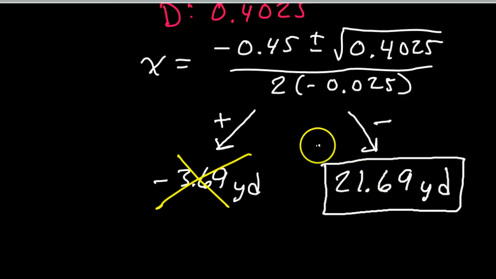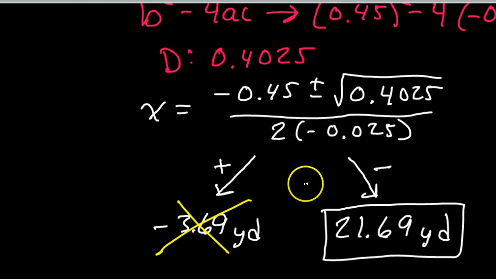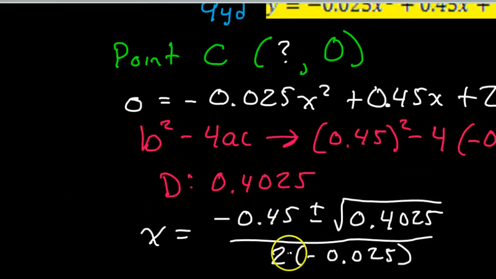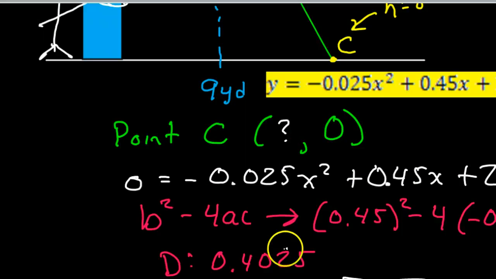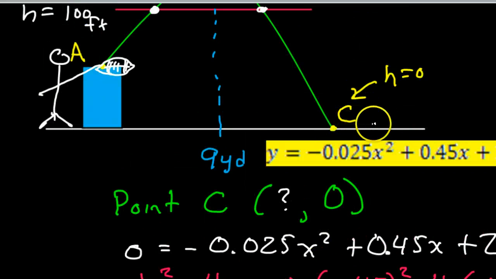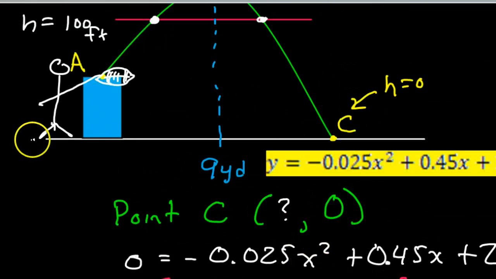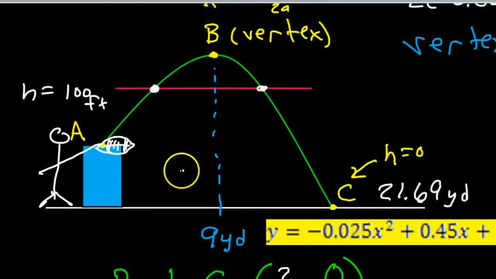Okay, so this is the x value of point C. Okay, so that means 21.69 yards. That's how far away this can go. Alright, that's the furthest distance that the quarterback can throw before the ball hits the ground.